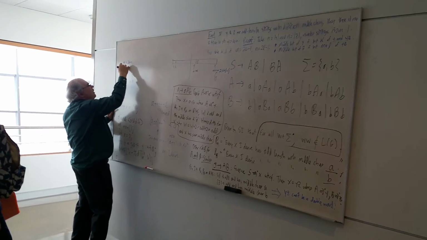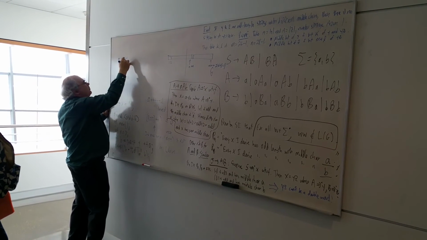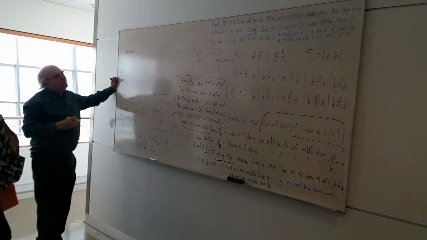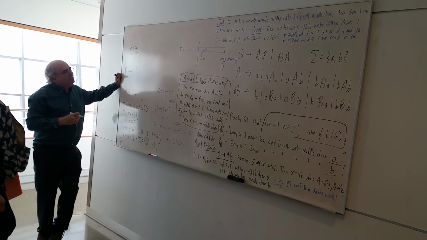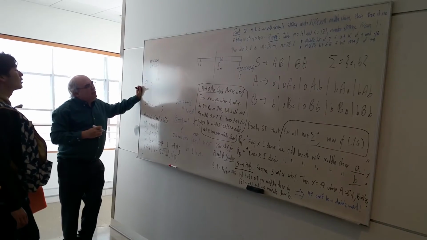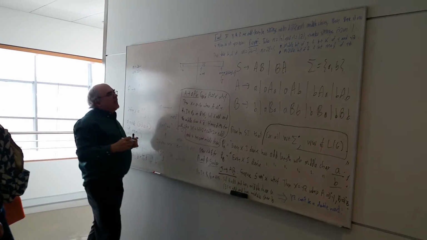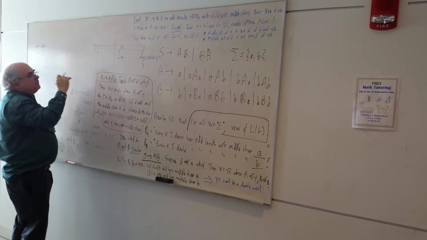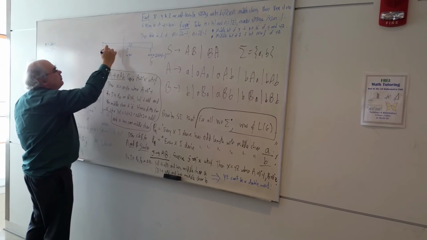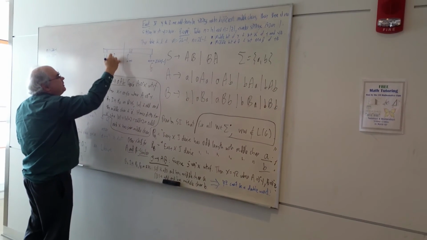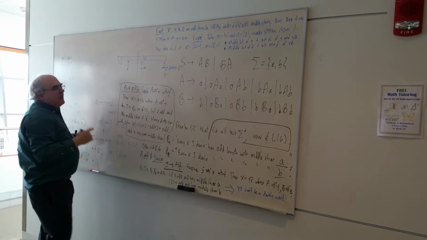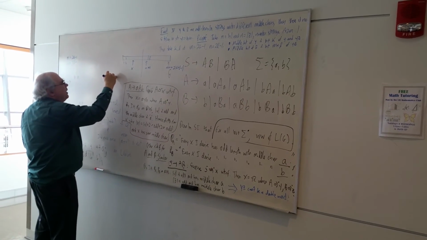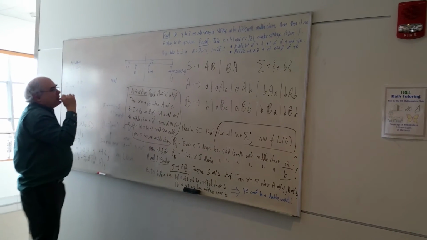So M is equal to 2K minus 1, N is equal to 2L minus 1. So 2K plus L minus 1. Okay, so this is the middle bit here. This is bit K. And then the middle bit of Z is bit M plus L.